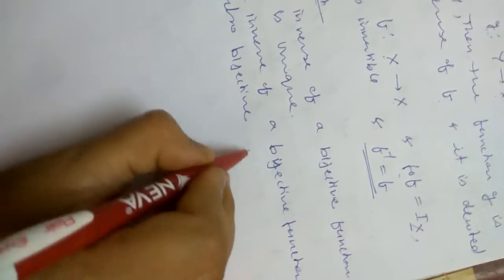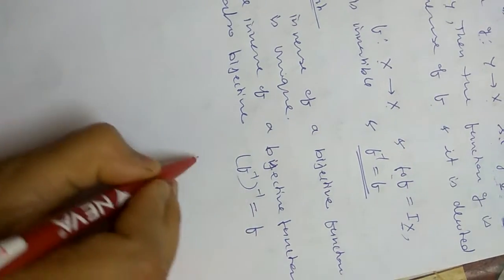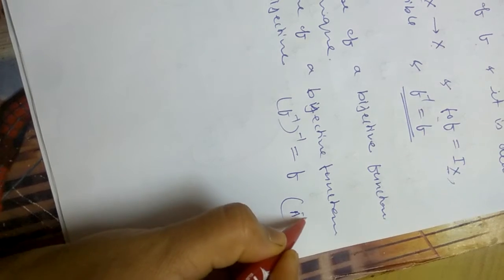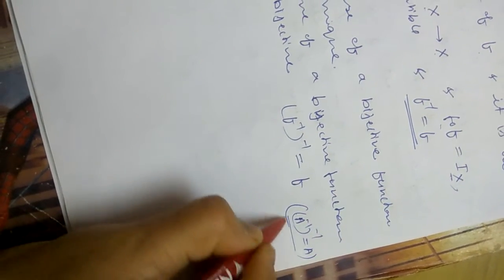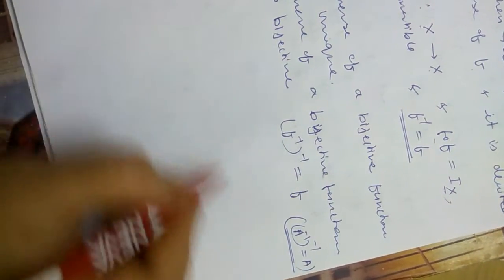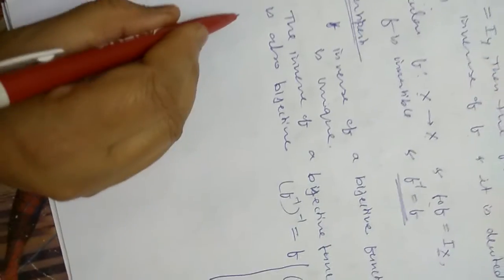It means the inverse of f inverse is equal to f. Similarly, according to matrices, the inverse of A inverse is equal to A. The same properties are related to matrices.